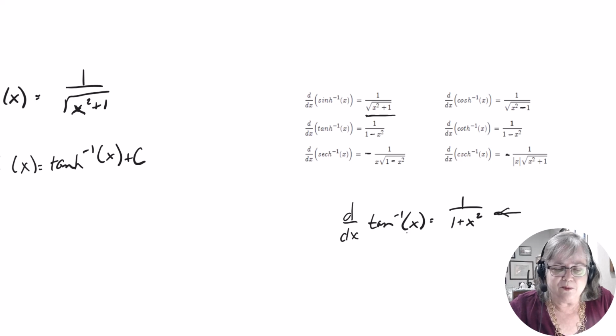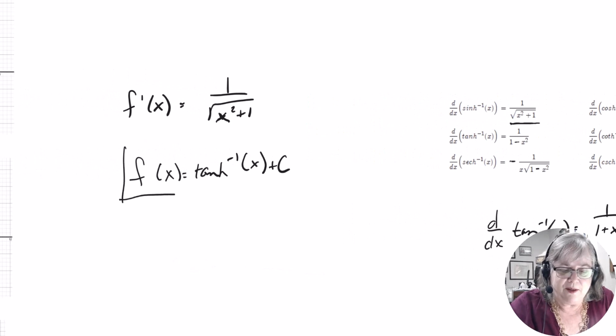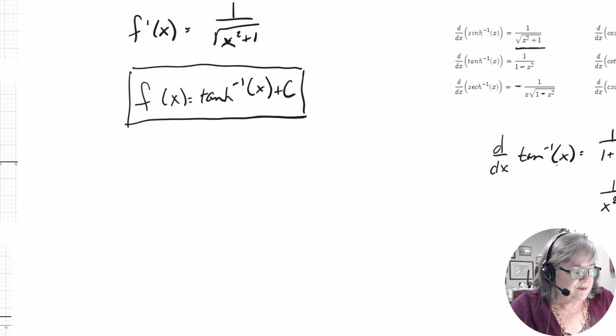And see how this is 1 over 1 plus x squared, which is the same thing as x squared plus 1. You might think it's the inverse tangent, but it's the inverse hyperbolic tangent. So be careful with all these little nuances, little bitty tiny details, right?